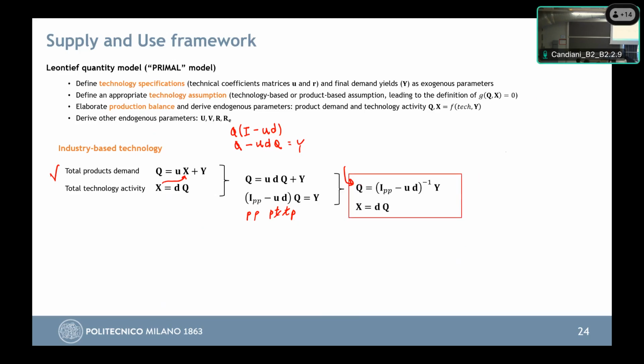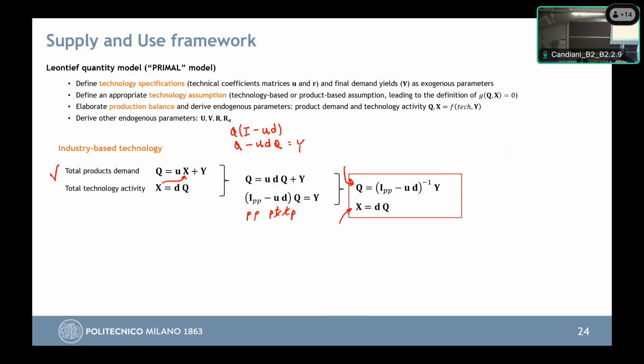So I can get the total demand once the technology, U, is defined, once I assume the way technologies increase their activity in reaction to an increasing demand of products, so the D, the market shares, and then the Y, that is the final demand. Once I have these three fundamental elements, I can get the Q, the total demand. And once I have the total demand, it's simply a matter of pre-multiplying this total demand by D to get the total activity by technology.